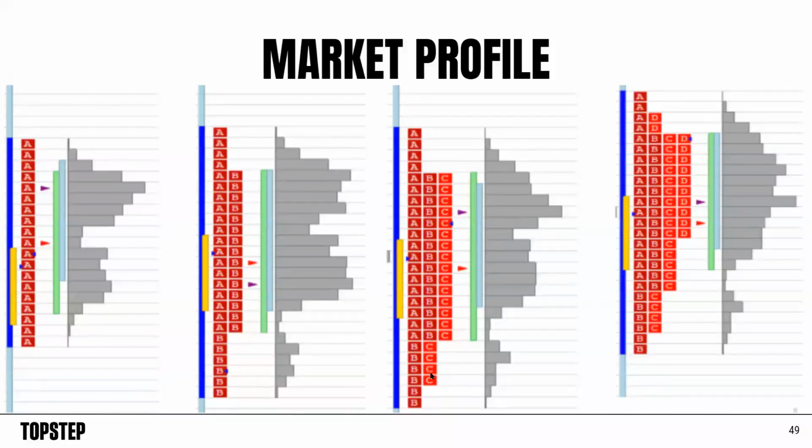Time is the constant. We've got to keep that time constant so we can see where the market is spending more time and less time. D period opens up and takes out the high of B and C, leaves a little bit of excess at the high here in A period. The entire range is from here to here. And then we move on.